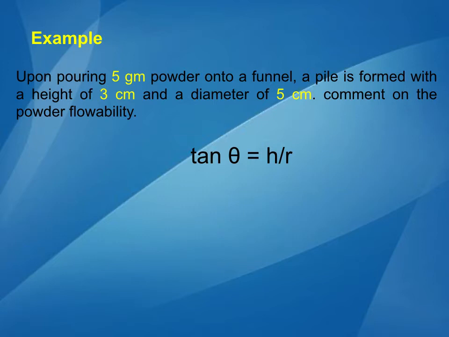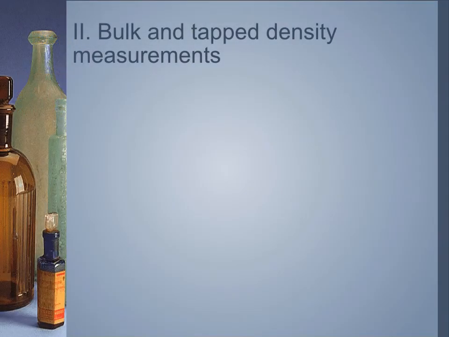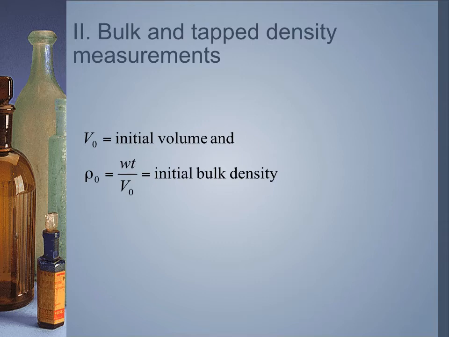So the radius will be 5 divided by 2, equals 2.5. So what you have to do is divide 3, which is the height, over 2.5, which is the radius, and then you press shift tan for the answer. Then you can get theta, and based on the value of theta, you can comment on flowability. The other technique is using bulk and tap density measurement, and you did that already in the lab.